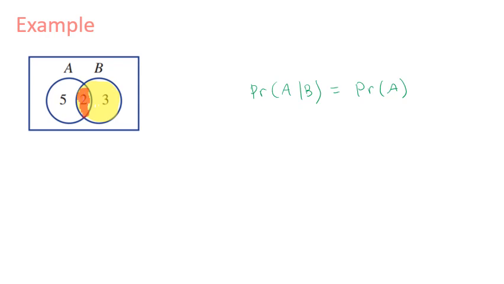So the probability is 2 out of 5 versus the probability of A. So the probability of A, that's like this part here, which is 7 out of 10. So I've just added up the whole thing. So therefore, they don't equal the same. So the events are not independent.